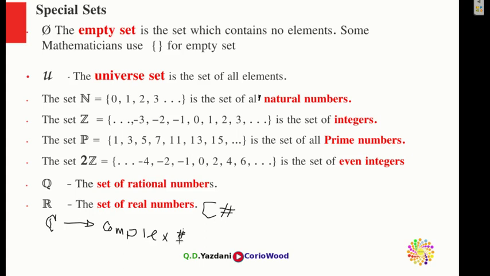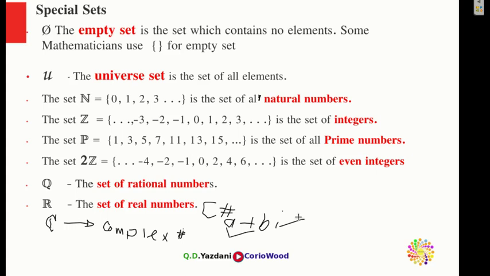So what is a complex number? A combination of real and imaginary numbers in the form a plus bi, where a and b are real and i is imaginary. So a complex number is a plus bi. A and b are real, and this is the imaginary number.